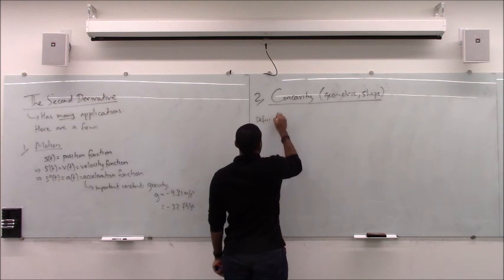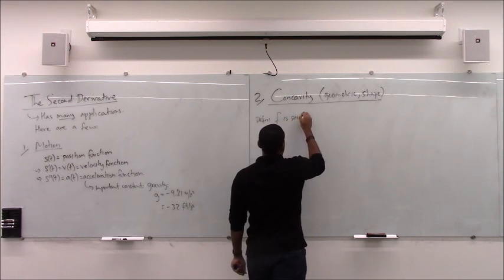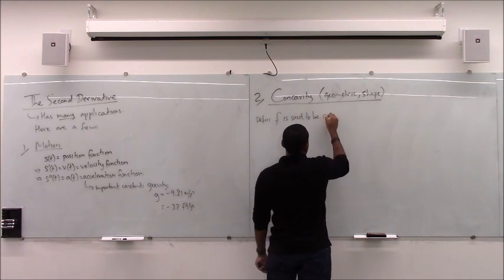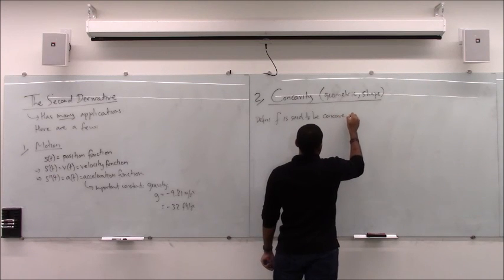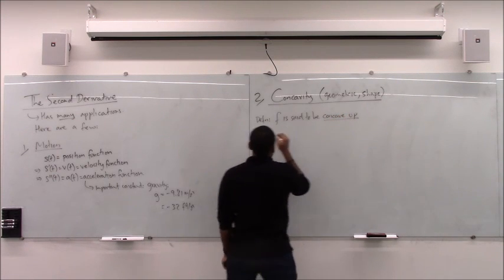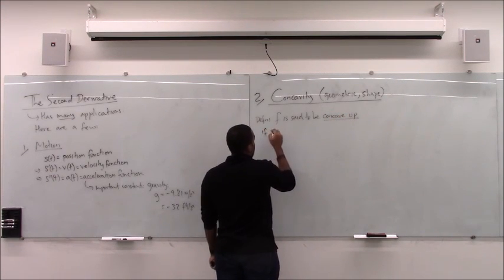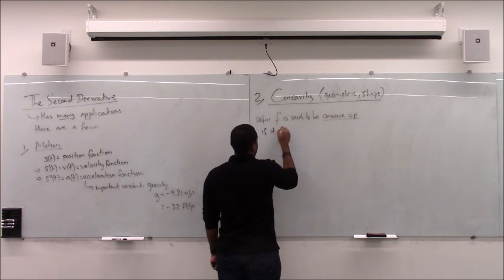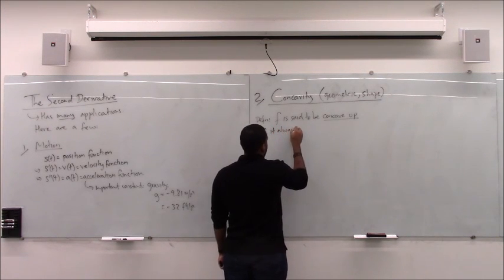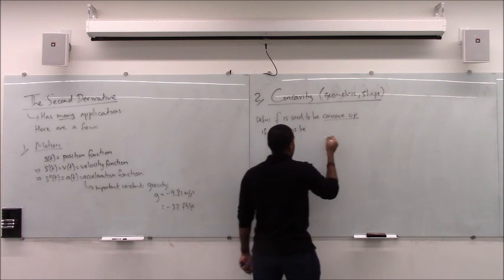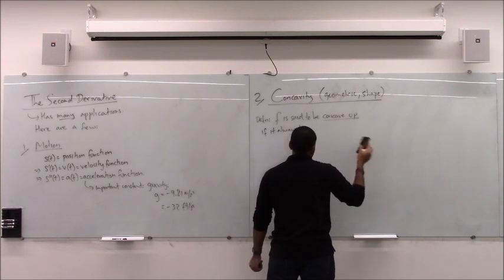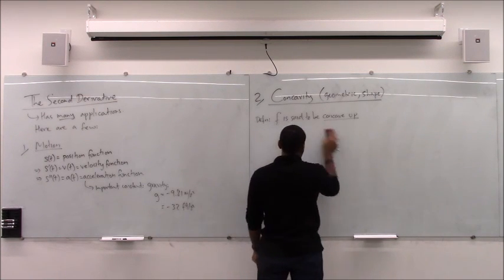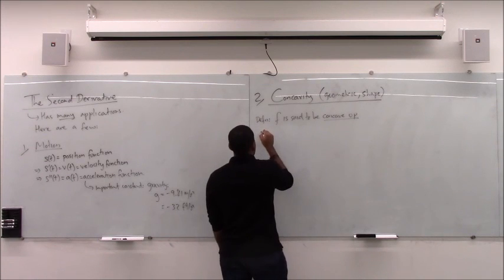F is said to be concave up if it always lies concave up in a region. Yes. Doesn't have to be concave up everywhere.